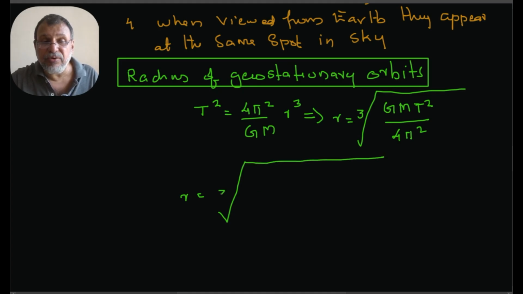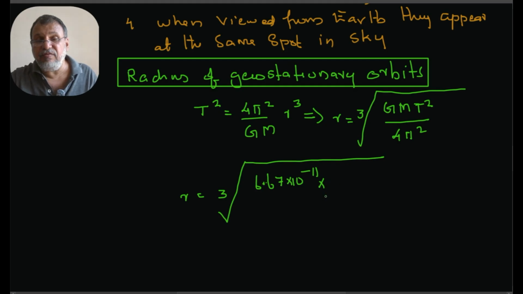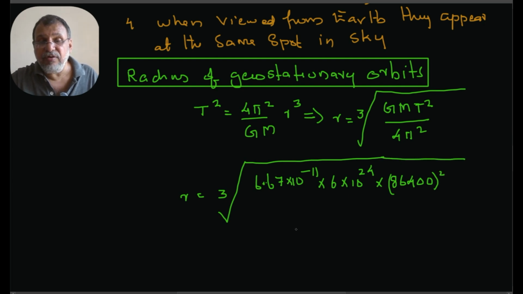R is equal to the cube root of, let's put the values in here. G value is 6.67 times 10 to the power minus 11. M value is 6 times 10 to the power 24 kilogram. T square is 86400 squared. Then in the denominator we have 4 pi square.